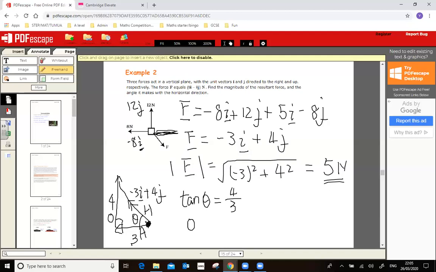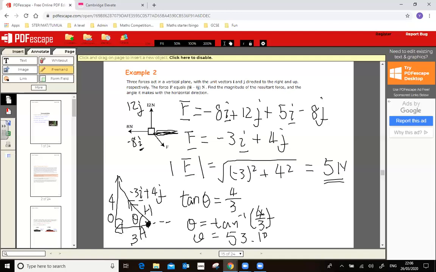So you can put in your calculator to work out that the angle theta, which is tan minus 1 of 4 over 3, and theta comes out to be 53.1 degrees.